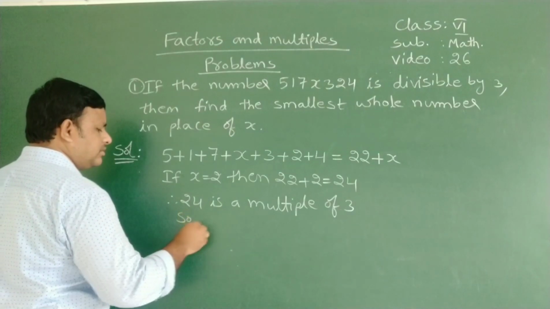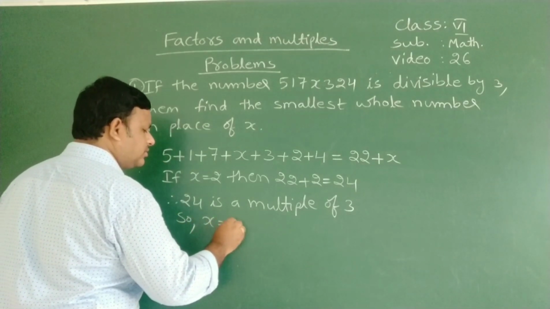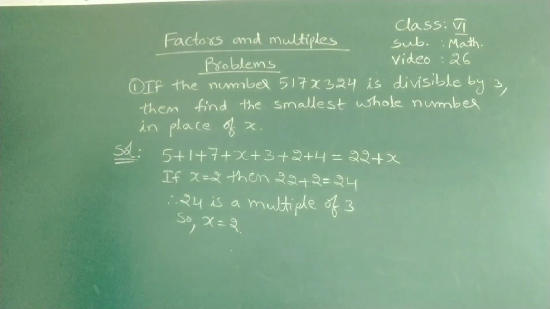So x is equal to 2, understood? In place of x, 2 if you take, we are getting 24, which is a multiple of 3. That's why x value is 2. All of you note down this.